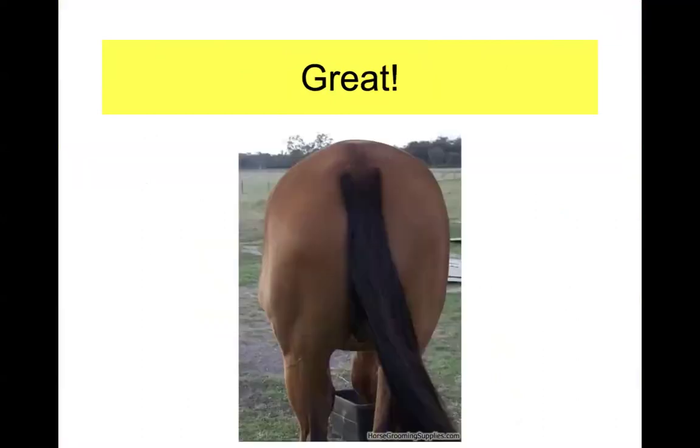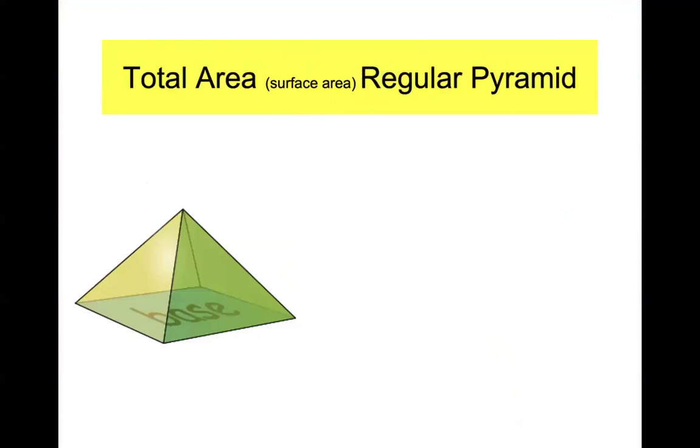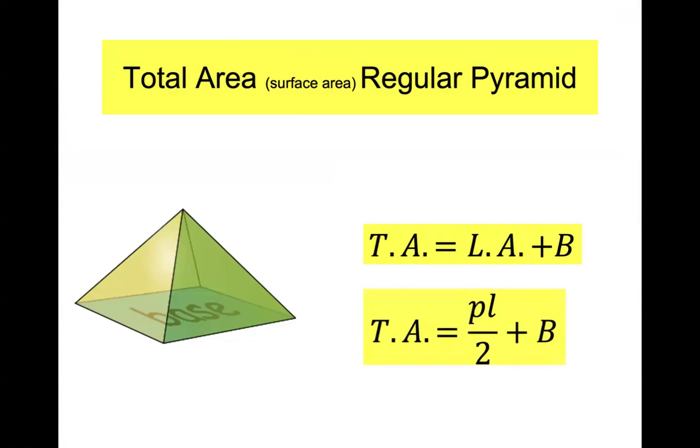But here is that we always want total area, and our book does not give us this formula, so I'll give it to you. If the lateral area is the sides of a pyramid and the base is the bottom of the pyramid, total area would be lateral area plus capital B, or base area. Remember, capital B doesn't mean base, it means base area. So lateral area is PL divided by 2 from the previous theorem.